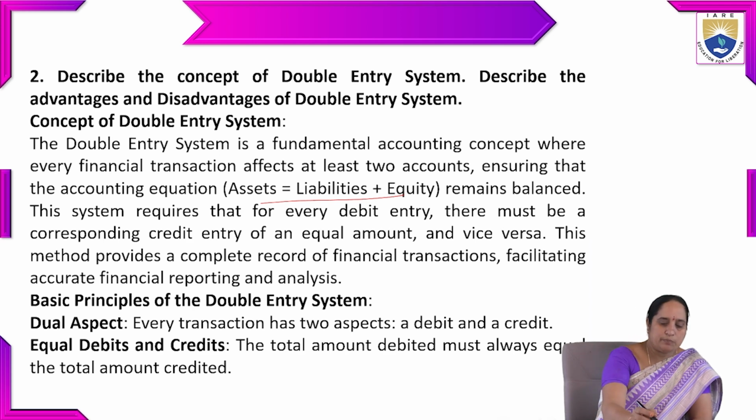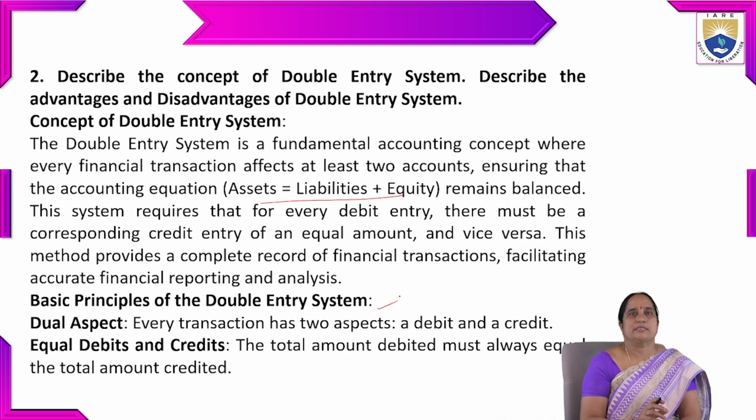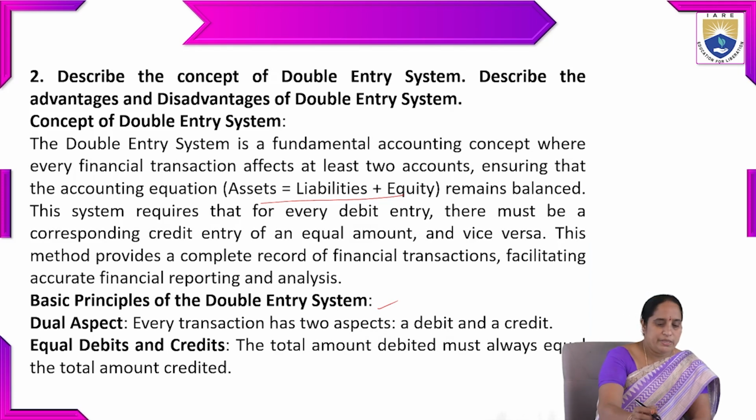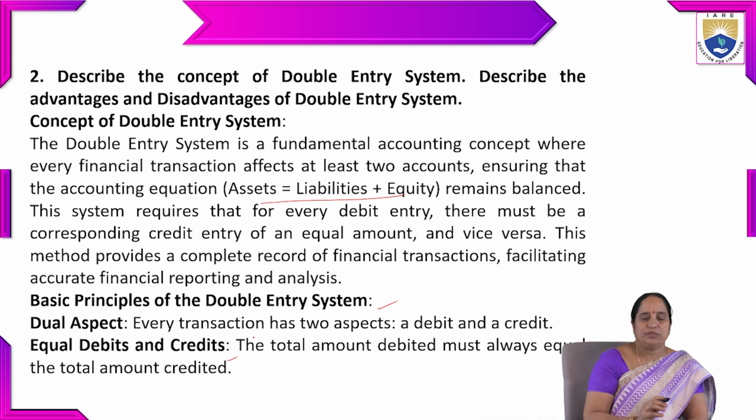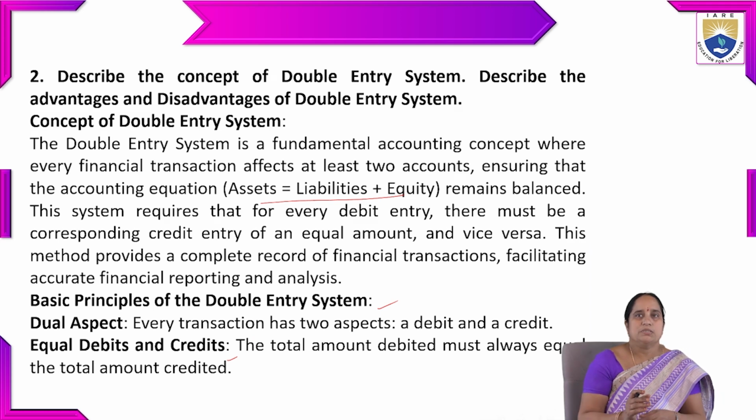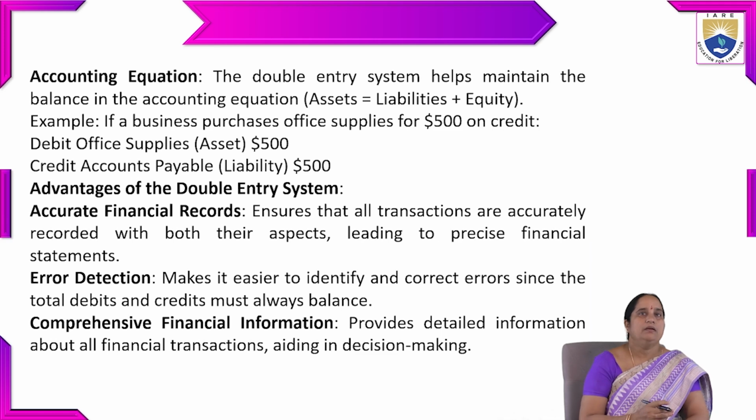Coming to the basic principles of double entry bookkeeping system, the first one is dual aspect. According to this principle, every transaction has two aspects: one is a debit, the other is a credit. Then equal debits and credits: the total amount debited must always equal the total amount credited. The next is the accounting equation.